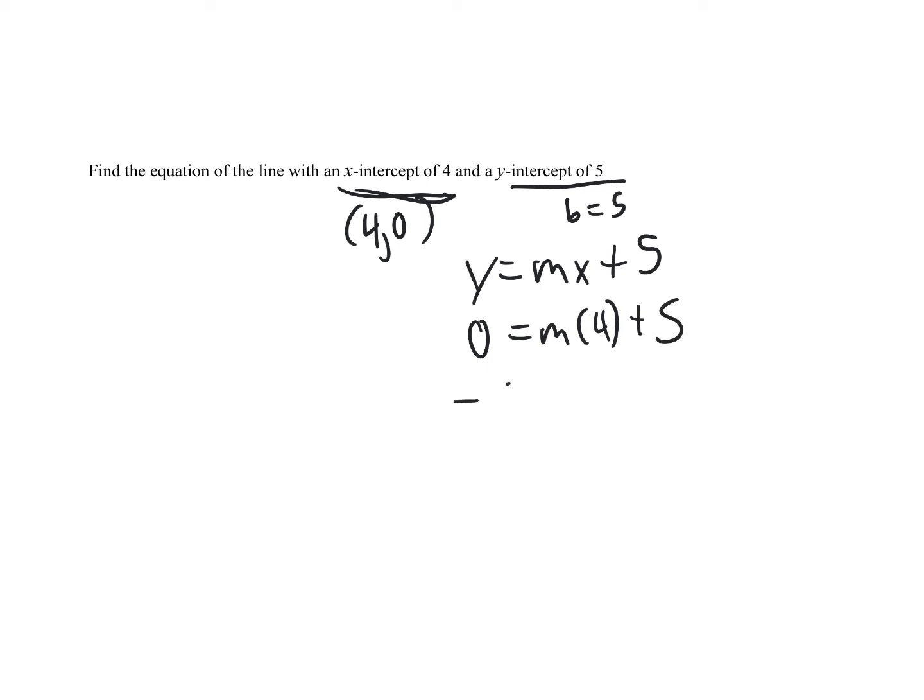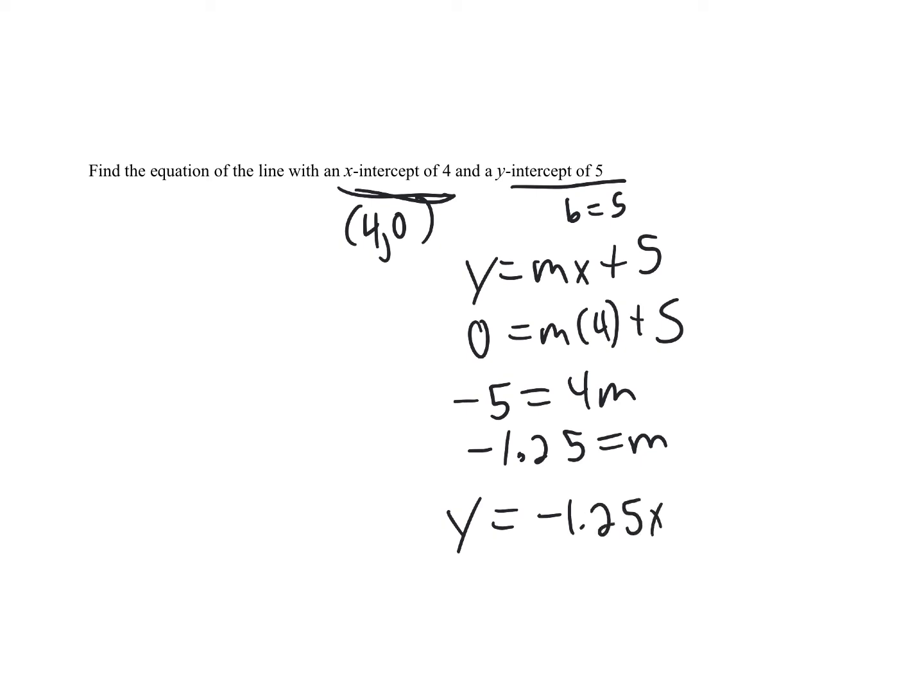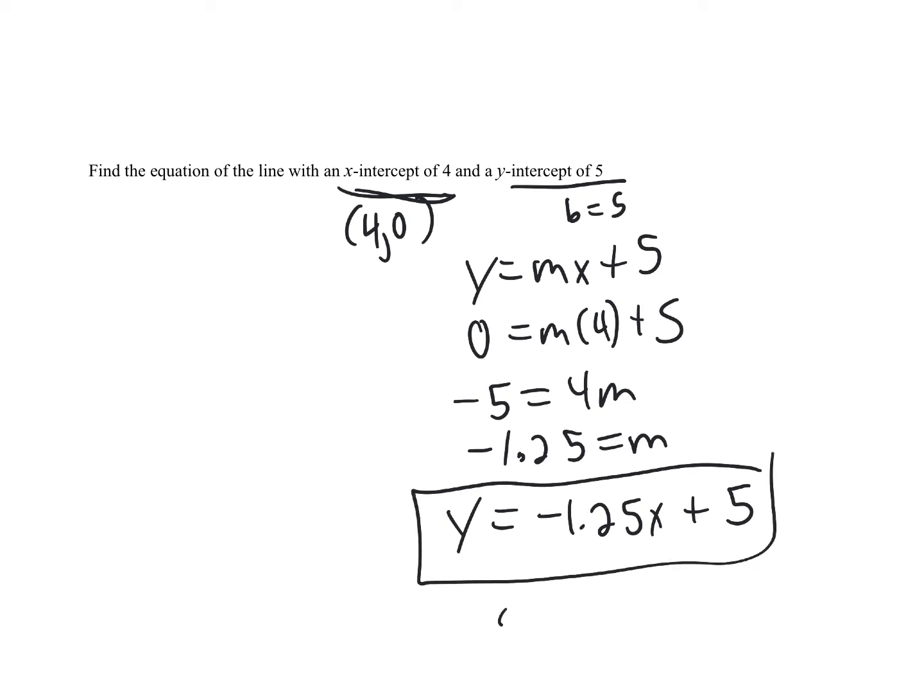Solve for m. -5 equals 4m. -1.25 equals m. So y equals -1.25x plus 5. Or you can give it in fractional form.